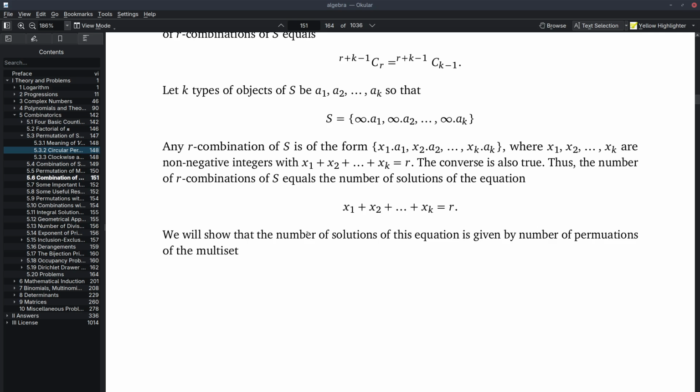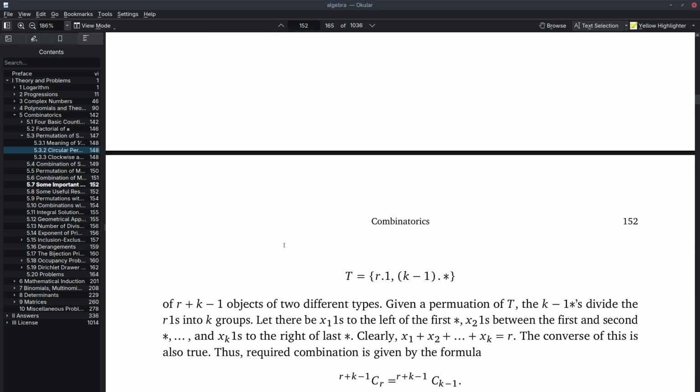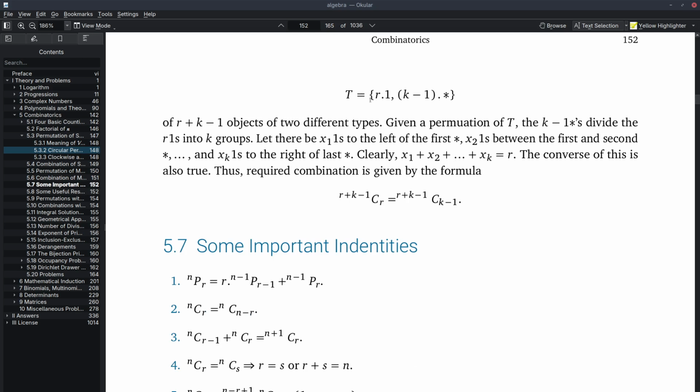We will show that the number of solutions of this equation is given by the number of permutations of the multiset T equal to R dot 1 into k minus 1 dot star, of R plus k minus 1 objects of two different types. Given a permutation of T, the k minus 1 stars divide the R ones into k groups.